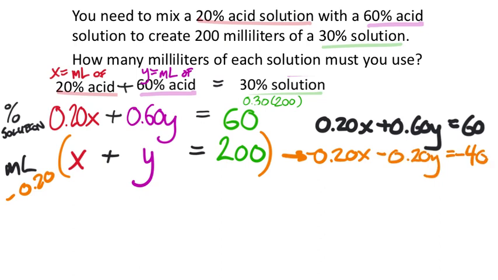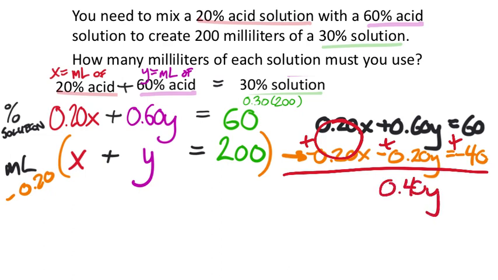So from these two equations that we have, if I add them together, and add all of the columns together, that will eliminate these x's. Okay, so I got 0.60y's plus negative 0.20y's, which is 0.40y's, which equals 60 plus negative 40, which is 20.